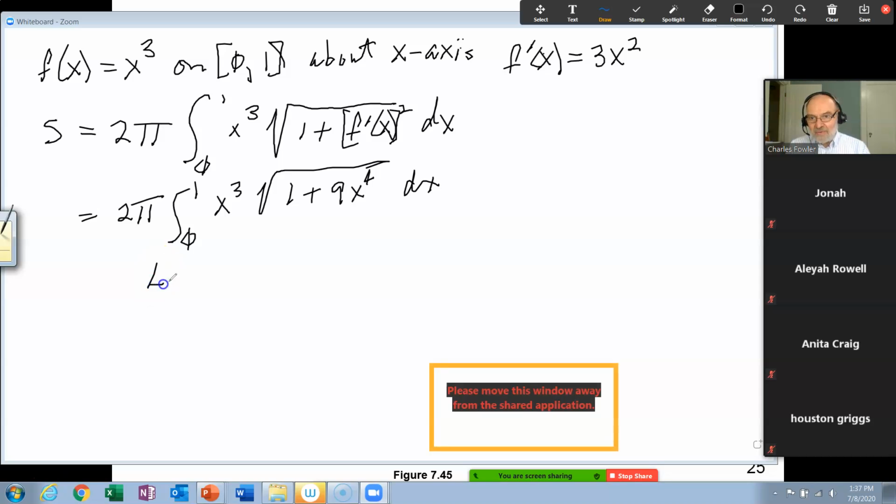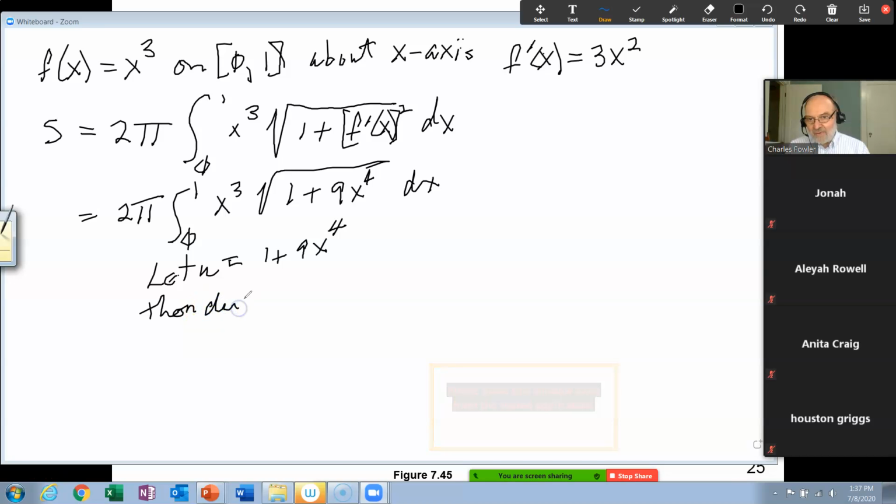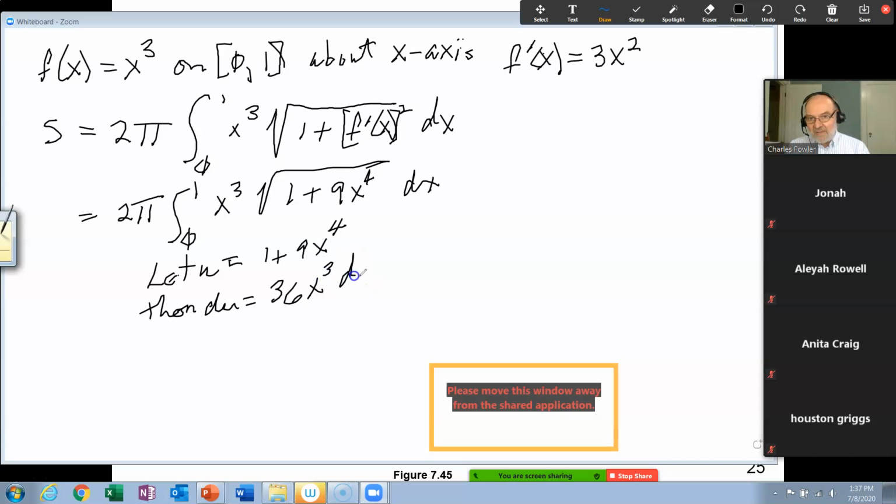The innermost part of the most complicated part of your problem is this thing right here. So let u equal 1 plus 9x to the 4th. Always follow the u with a then, let with a then. Then du is equal to 36x cubed dx.